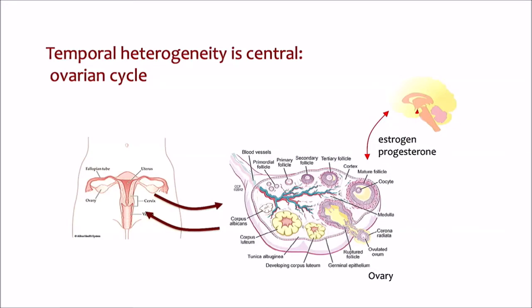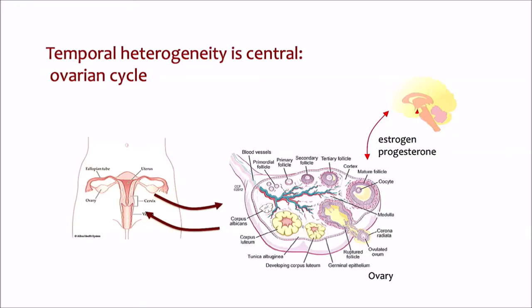This whole thing is controlled and regulated as a dialogue between the hypothalamus and the ovary, by the pituitary in between. Estrogen and progesterone are really important hormones, but not only, also the luteinizing hormone, and of course a suite of others.